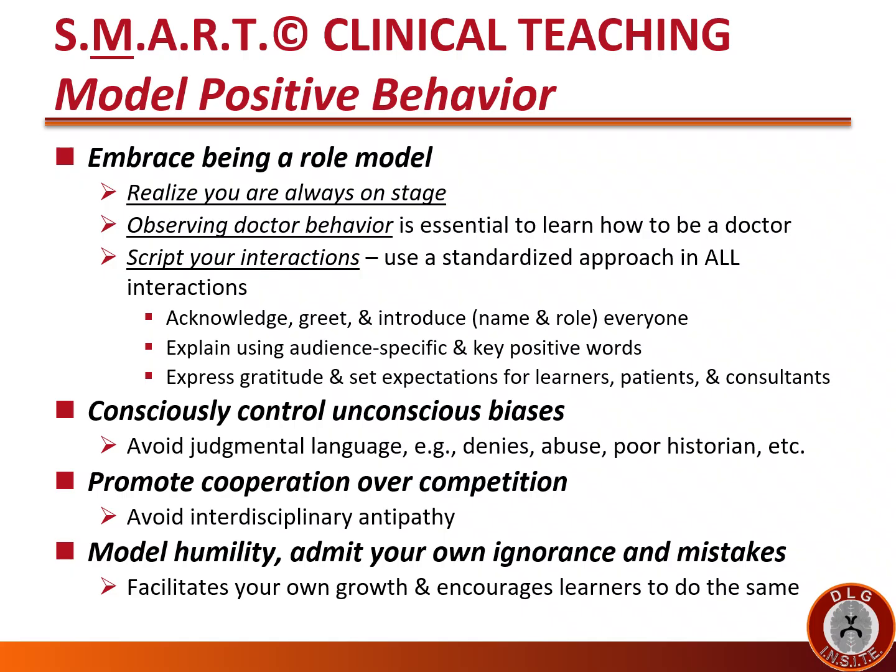The word poor historian is a defensive term and also nonsensical. The historian is actually the physician or provider. The patient and the caregivers are people who provide the history. They are the history. They're not historians. The historian is one who records the history. So first of all, it's nonsensical to call a patient or witness a poor historian.